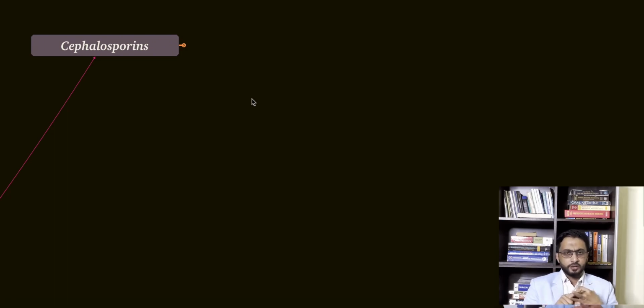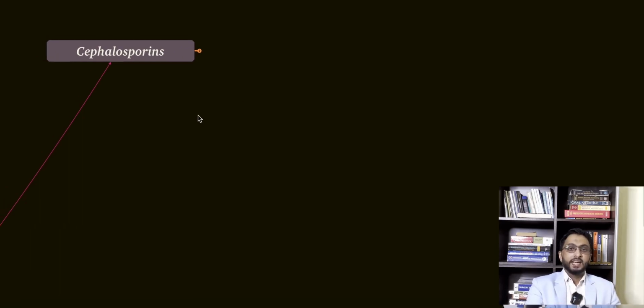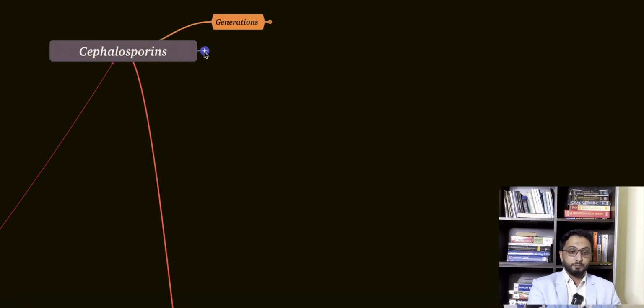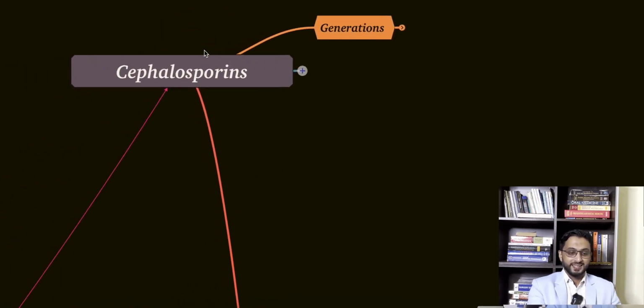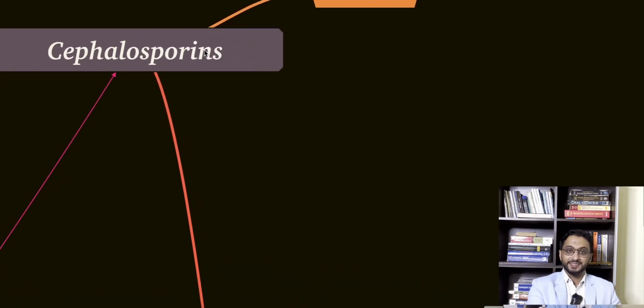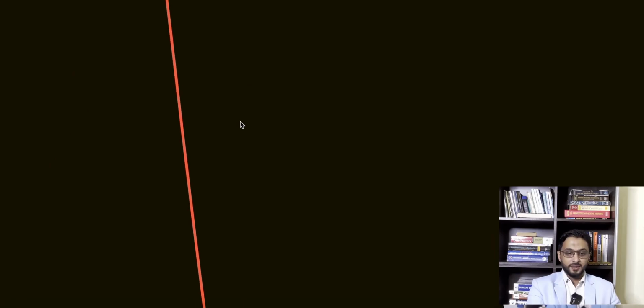It cross-reacts with penicillin, which is why we use aztreonam in that case. Cephalosporins have a few very important things to note, and it's an amazing thing to learn the generations. We're going to study some tricks today to learn them.